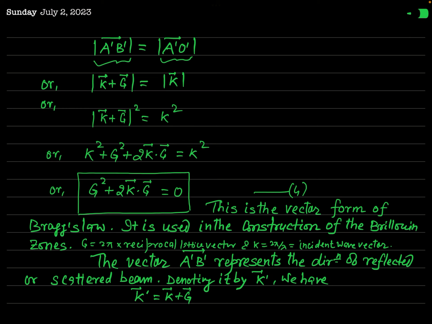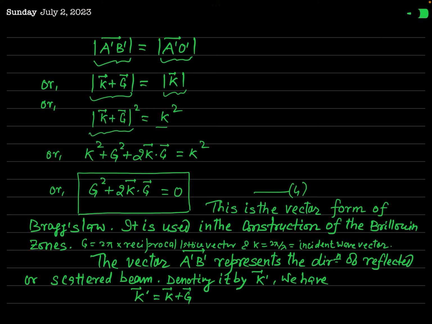But you have seen that A dashed B dashed is equal to vector K plus vector G. So mod of vector K plus vector G must be equal to mod of vector K. Okay. And so if you take a square, then you can also say that the square of the modulus of K plus G is equal to mod of K square.